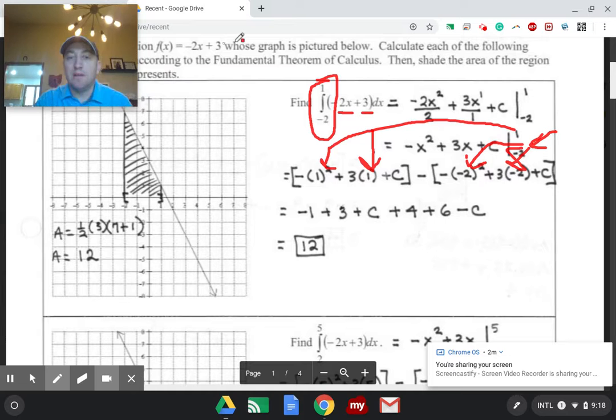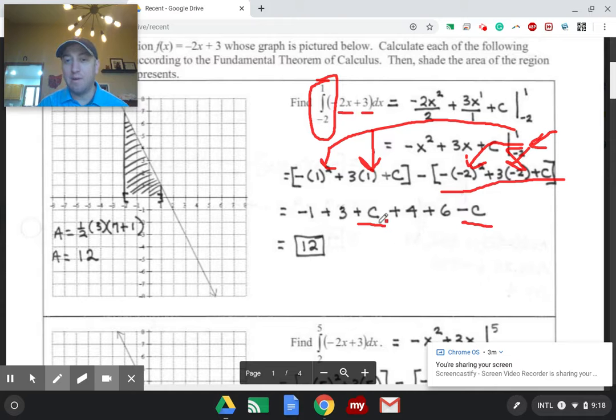Now, the big key is when you have F of b minus F of a, you really have minus, and then the second part of that is all still in parentheses, so that you make sure you don't mess up any negatives. The big thing you probably see in here is we end up with c minus c, which is going to cancel.